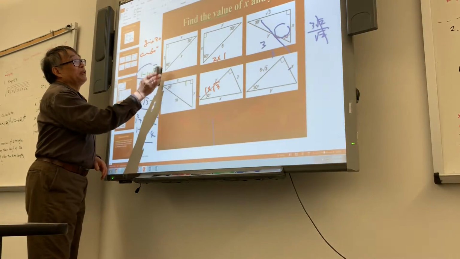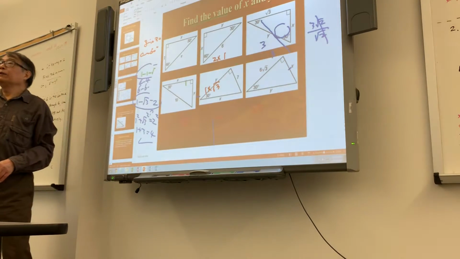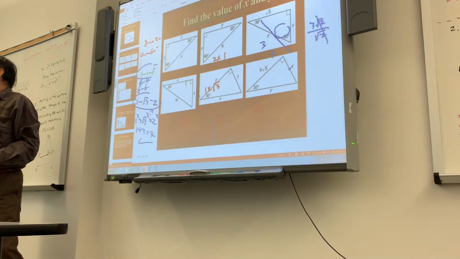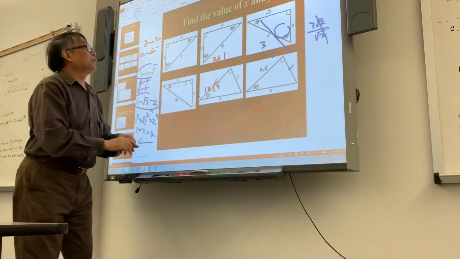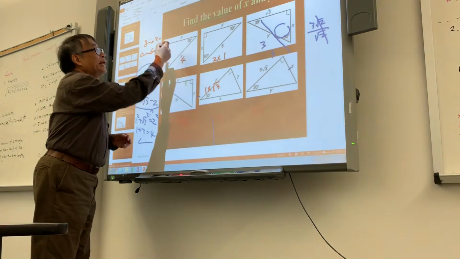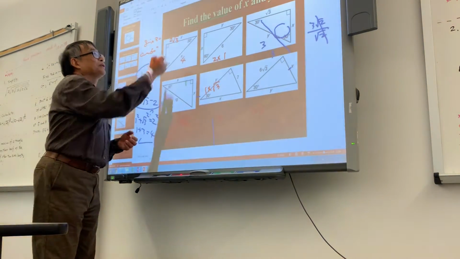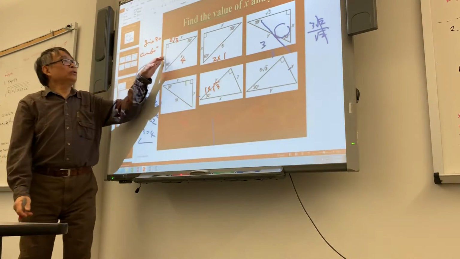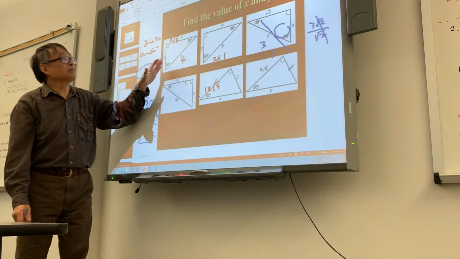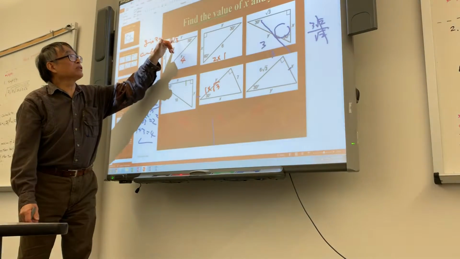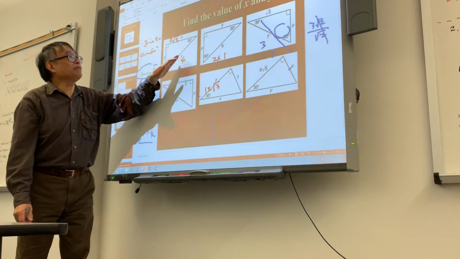First one, who is the volunteer to find x? Who else? Yes? 4. Y is what? Thank you. 2, because 30 degrees, opposite is the shortest. 2 times square root of 3 is the longer leg. 2 times 2 is 4.